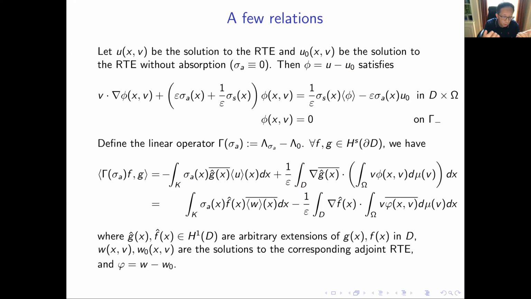Your data space here, sigma A, is quite rich, but when you map through this transport mapping to the boundary, you want to see how much compression it gives, especially how fast high frequency is damped.